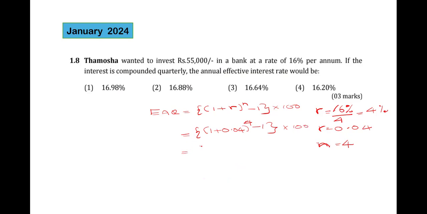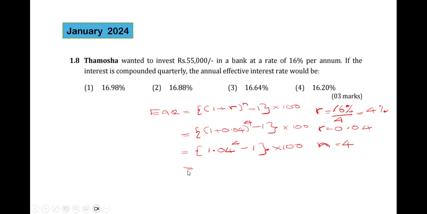Now if it is more complex, then you can simplify. 1 plus 0.04 is 1.04, to the power 4, minus 1, multiplied by 100.